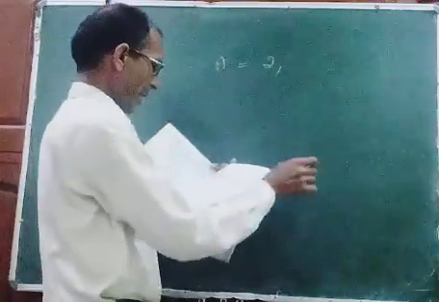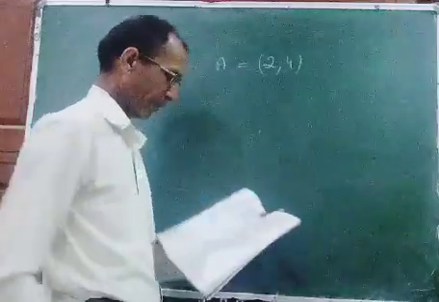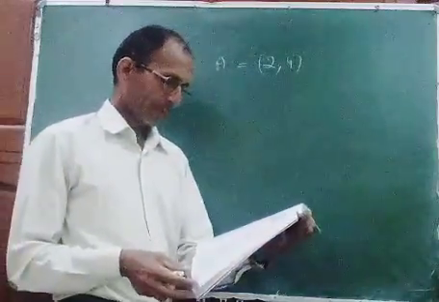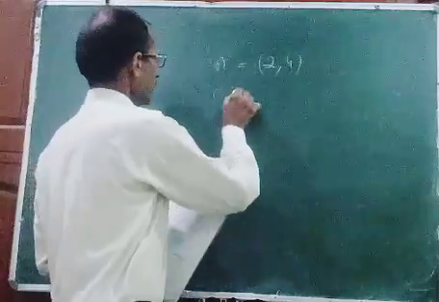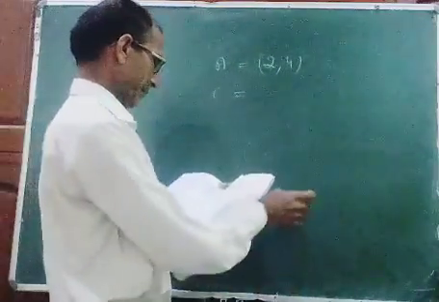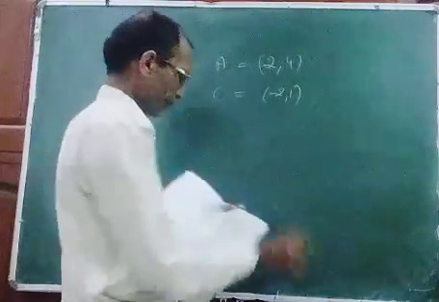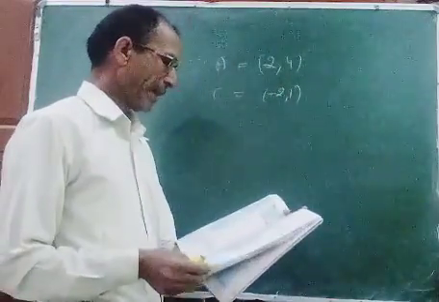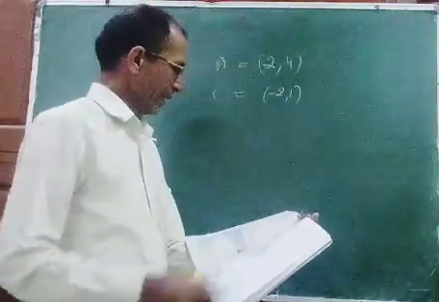So 2 and 4, these are the coordinates. 2, 4. Like this, say -2, +1. So this way you can find the coordinates.